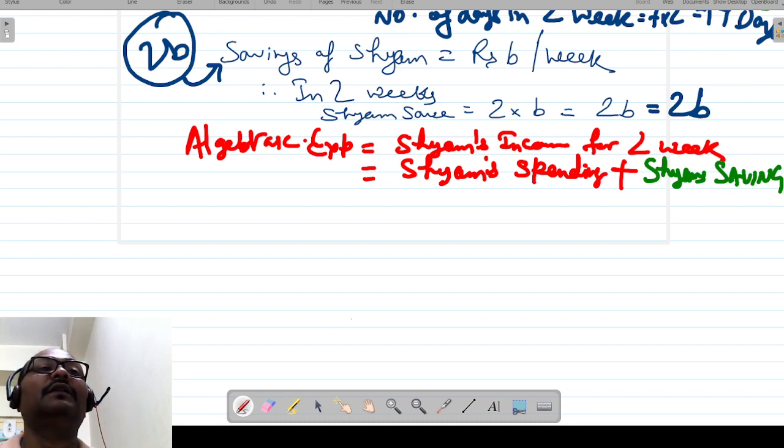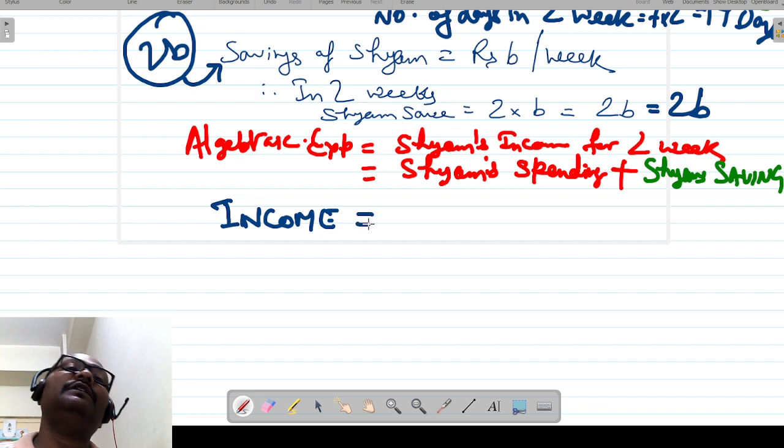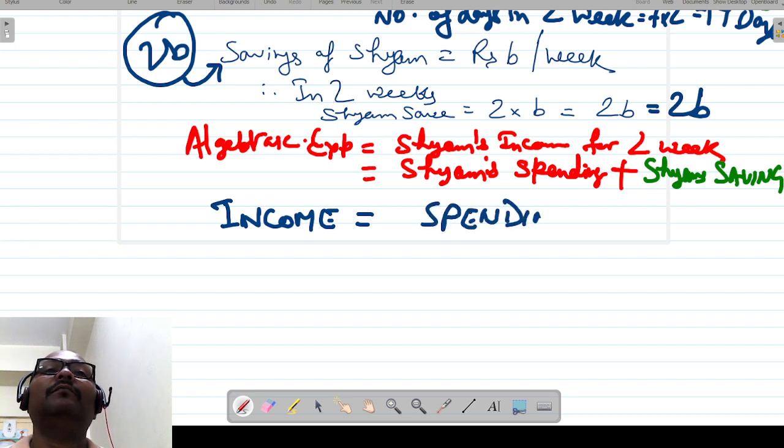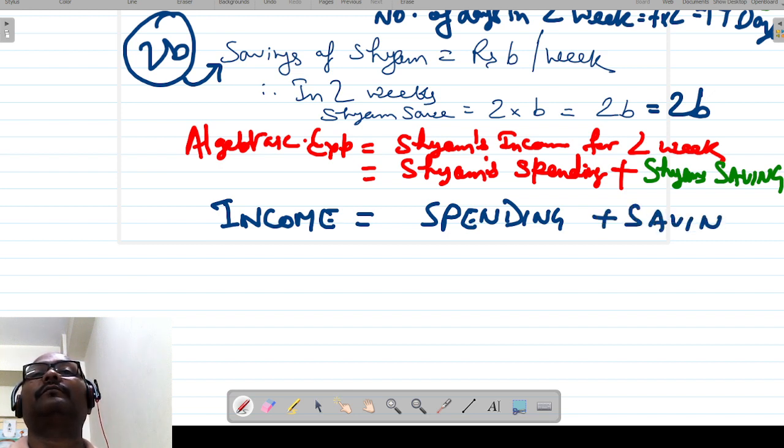Okay. The total earning power. Income is the total money which we take with us after doing some work or as wages. That income will cater the spending and saving. All this comes from which?